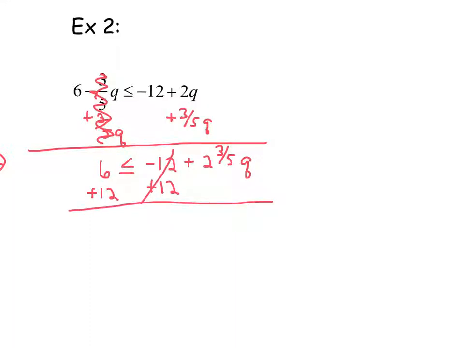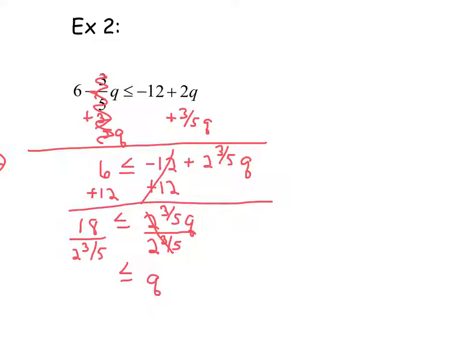So that cancels. This is 18 is less than or equal to 2 and 3/5 q. So now what I would need to do is divide everything by 2 and 3/5. And there's no negatives involved, so we don't have to flip the inequality.